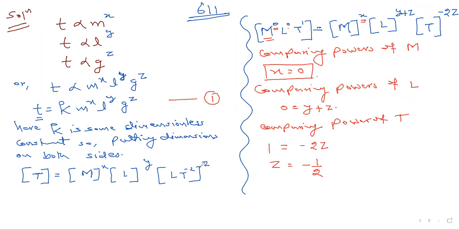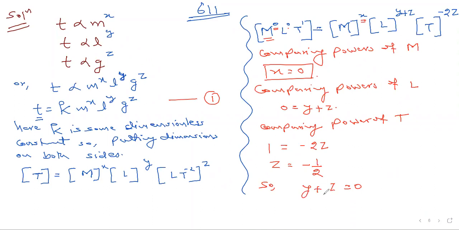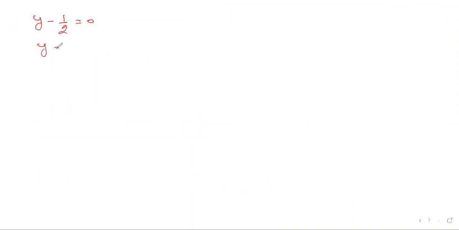Got it? So y plus z equal to 0 means y minus 1 upon 2 equal to 0, because z is minus 1 upon 2. Here I am putting the value of z. So y equal to 1 upon 2.